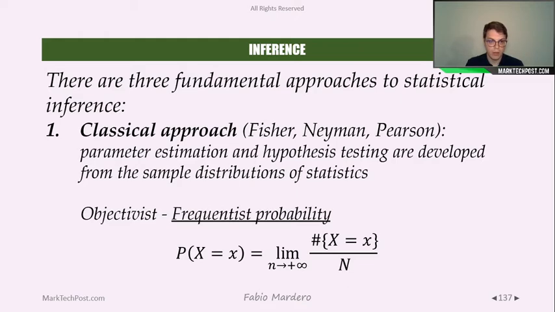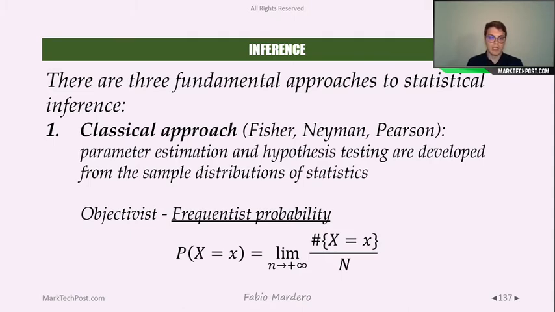The classical approach is an objectivist approach, in which we use the frequentist probability, in which, for example, in a discrete random variable, the probability of an event is the fraction between the number of that particular event over the number of trials, with n that goes to infinity.